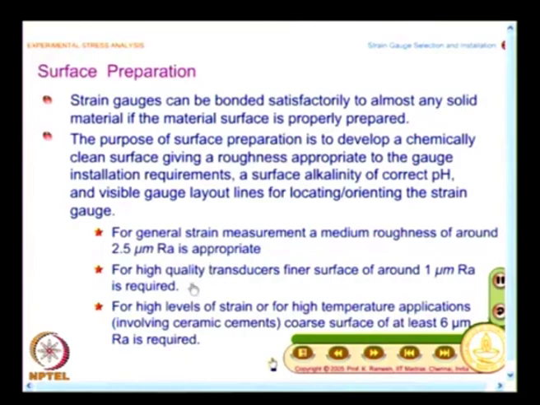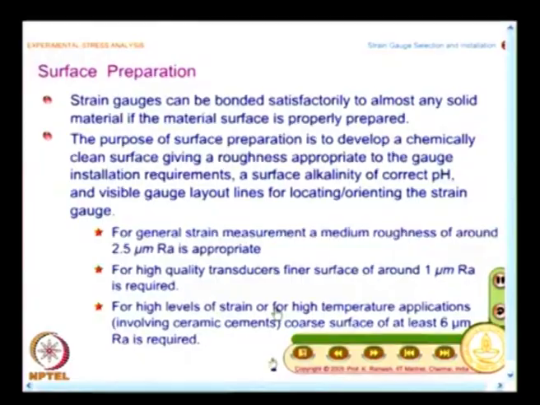On the other hand, if I go for high quality transducers, you need a fine surface of around 1 micrometer. However, if you are going to measure high levels of strain or for high temperature applications, a coarse surface of at least 6 micrometer is required.